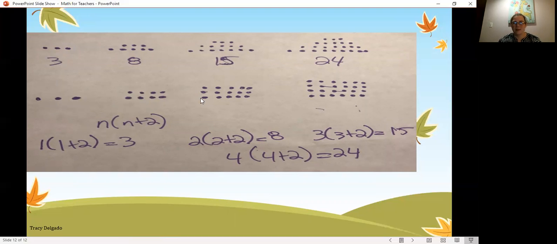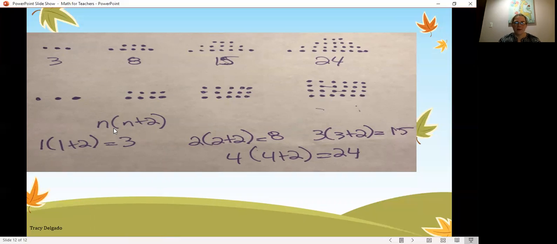And this one I did 5 rows of 3: 3, 6, 9, 12, 15. And this one is 6 rows of 4: 4, 8, 12, 16, 20. That makes our 24.